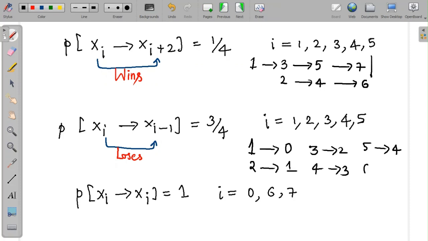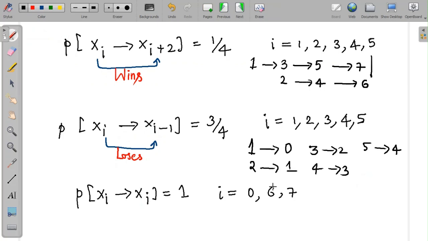But if he's at 6, he'll not even play the game. So we do not write this equation for the sum of money at 6, because if he's already at 6, he'll never bet any further. So this xi to xi minus 1 at 3 by 4 is only for the states 1 through 5.